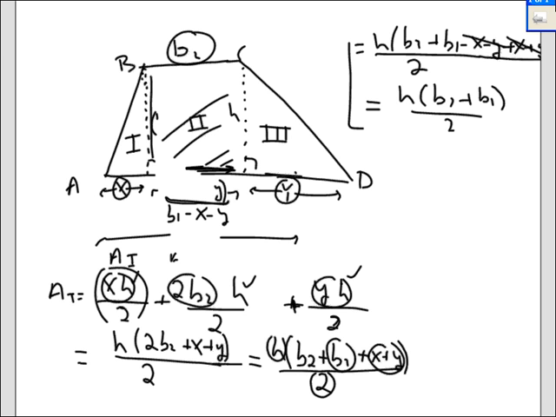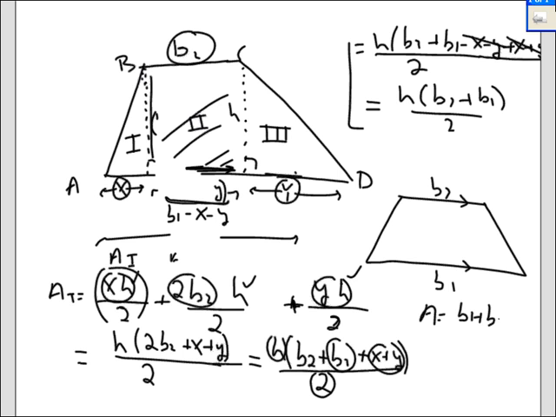Let me draw the picture again. If the bottom is B1 and the top is B2, and those are the parallel sides, the area is going to be the average of the two bases times H. Exactly what I have here.